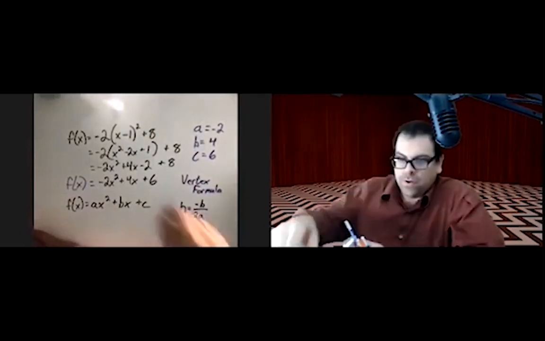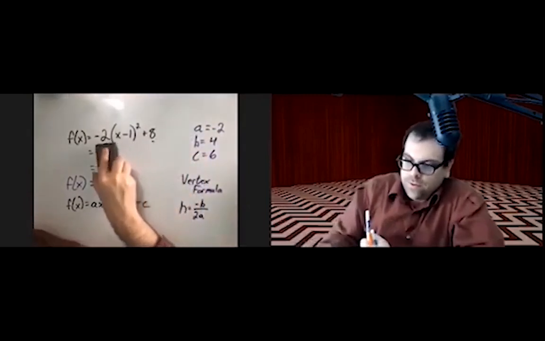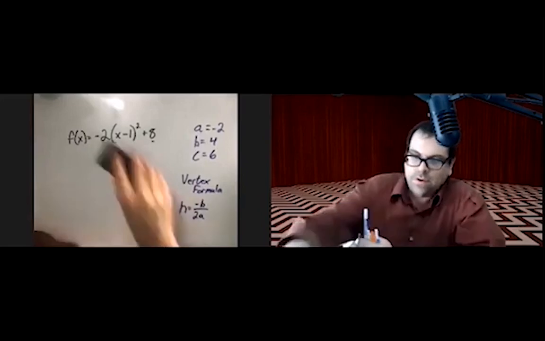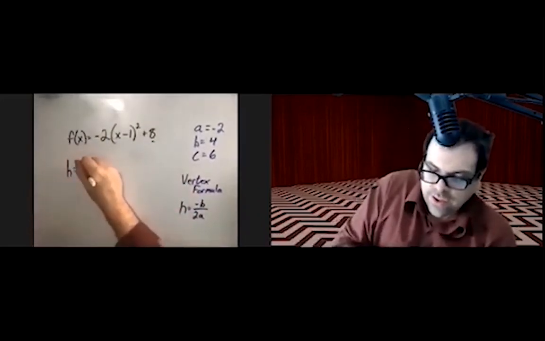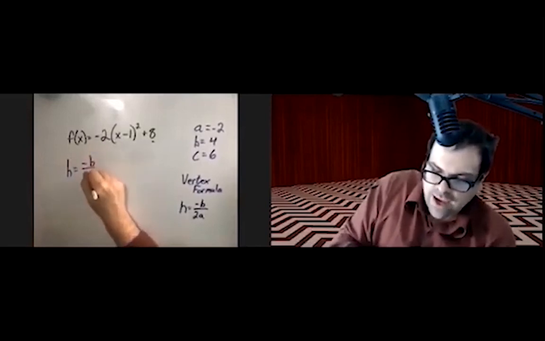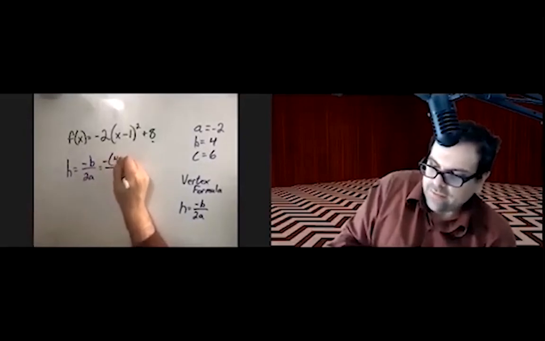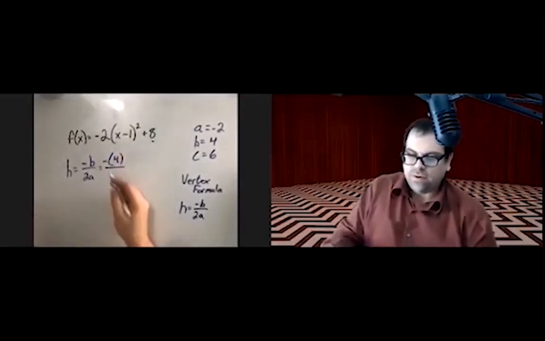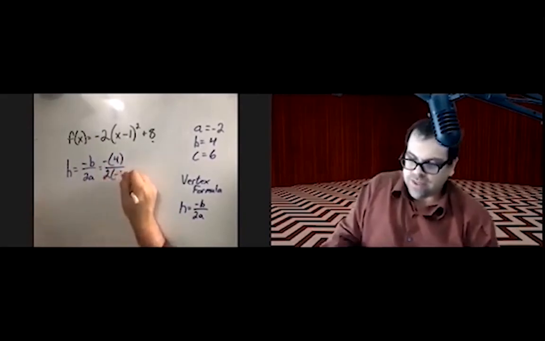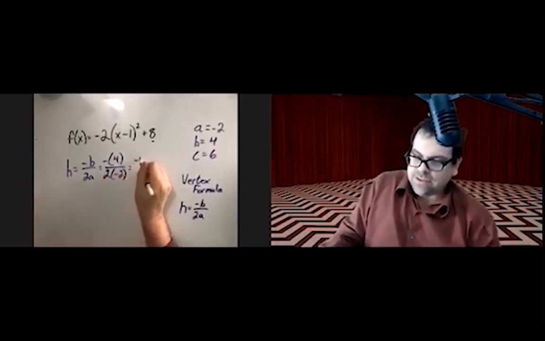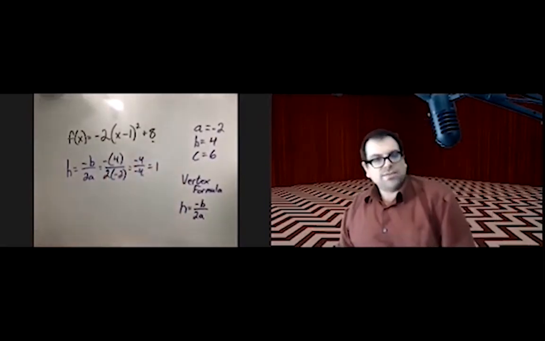So h is negative b over 2a. That's negative 4, the opposite of 4, over 2 times negative 2. That's negative 4 over negative 4, which is positive 1.